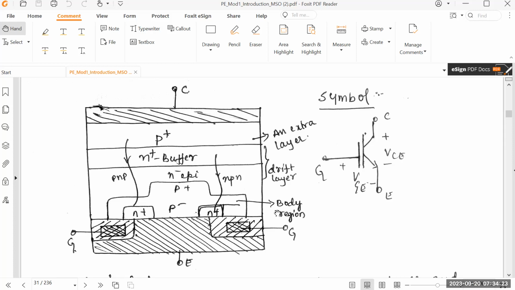Body region is nothing else, but we know that MOSFET is a 4 terminal device. In the MOSFET we have a source, a drain, a gate, and the fourth one will be the body. The body or substrate, we call it. In a similar way, for the IGBT also, you have a body region, that's this part. I hope it's clear.